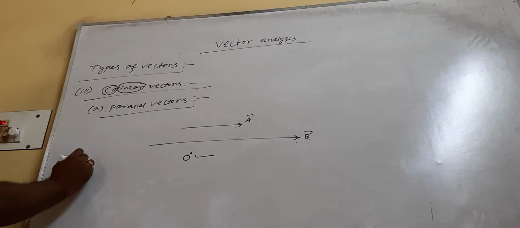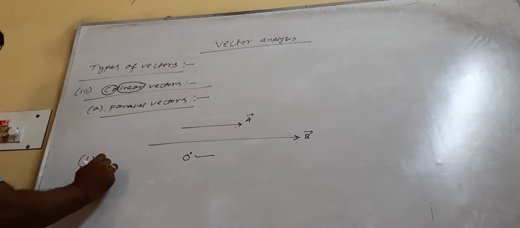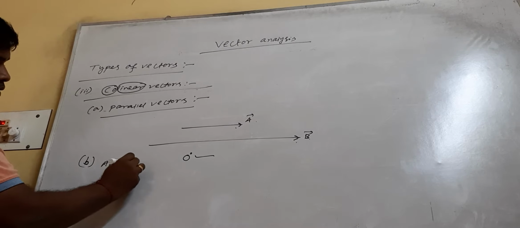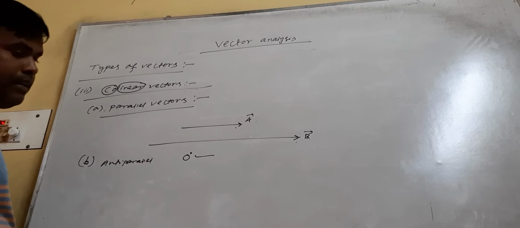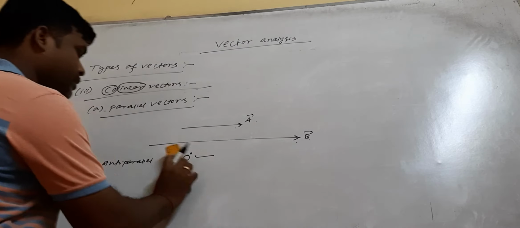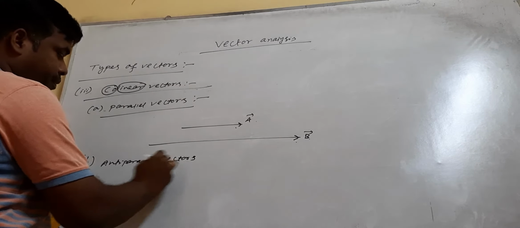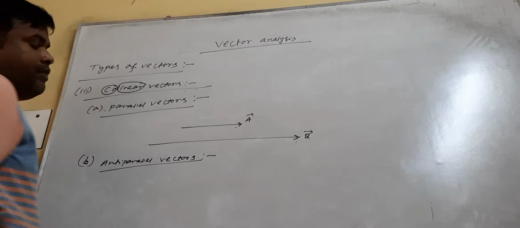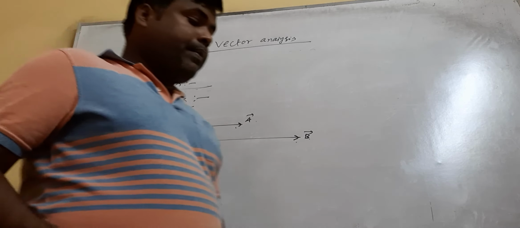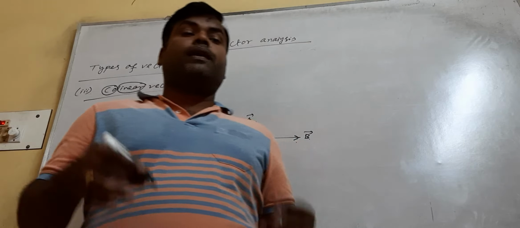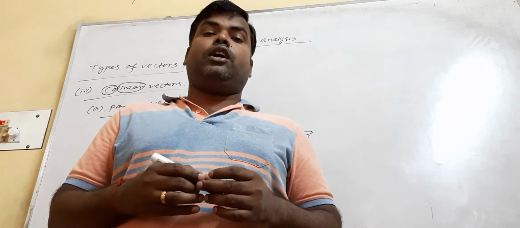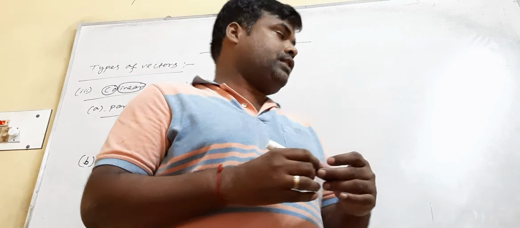Now come to anti-parallel vectors. You remember, two vectors are said to be anti-parallel if they act along opposite directions.